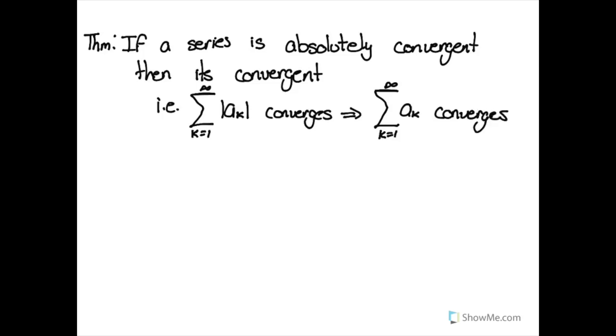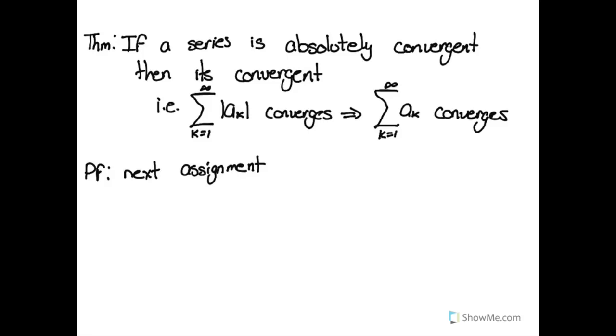So by this theorem, we don't need to check that the original series converges. As long as we check that the absolute value series converges, then we know that the original series without the absolute value converges. The proof for this will be in the next assignment, so I won't do it here.